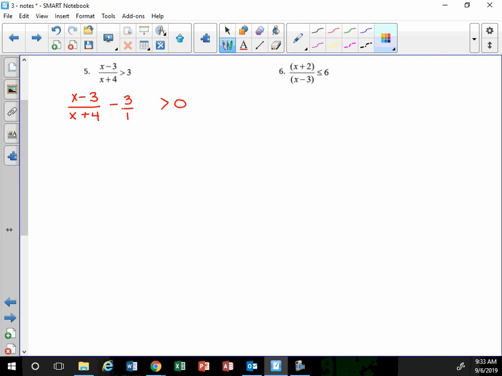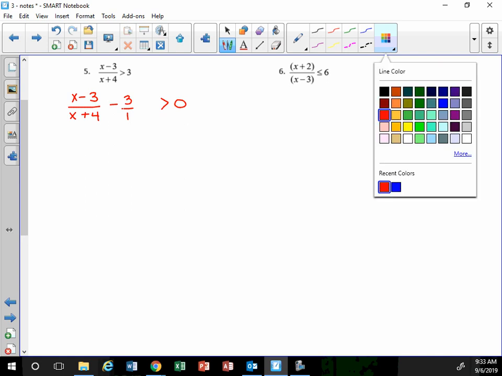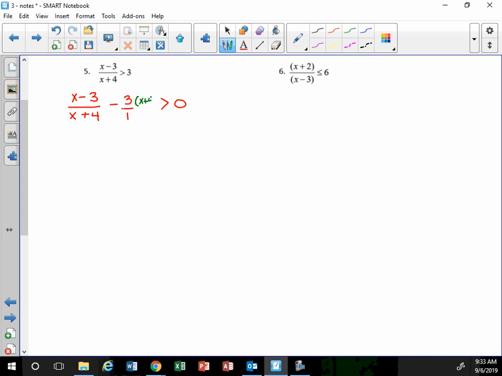If I'm going to subtract fractions, what do I need? Common denominator. What is that denominator going to be? So this 3 over 1, I need to take the numerator and the denominator times x plus 4. That's how you make common denominators.